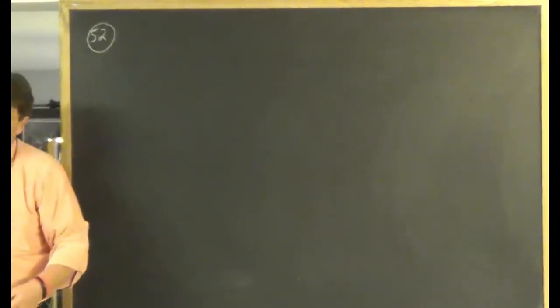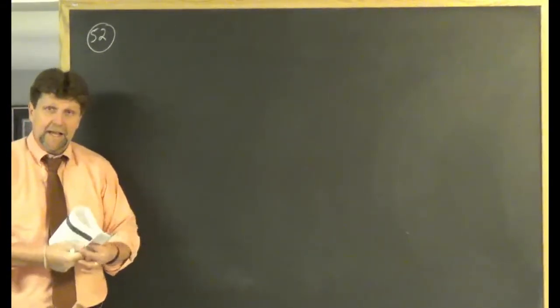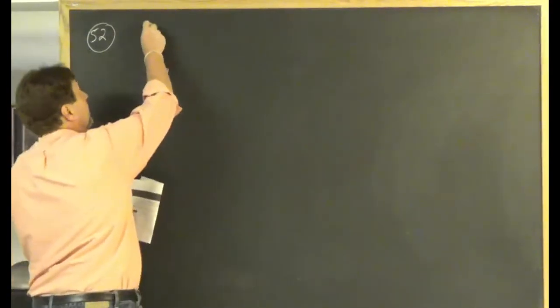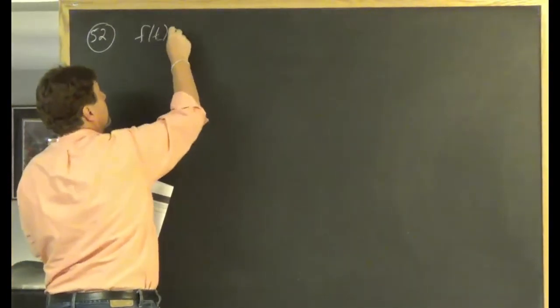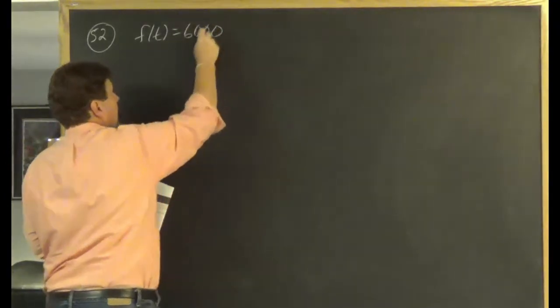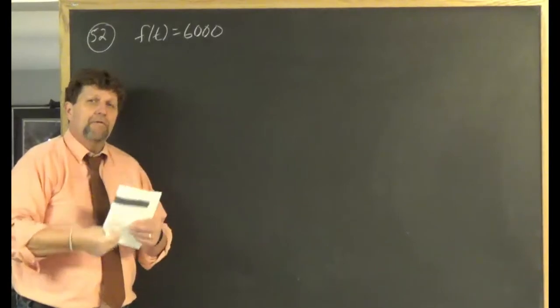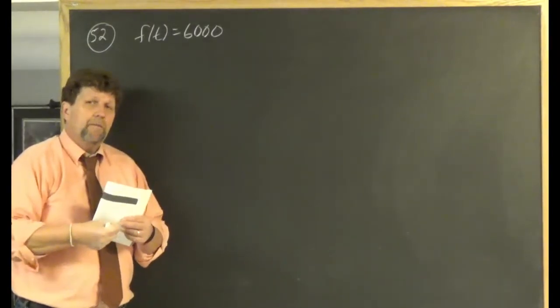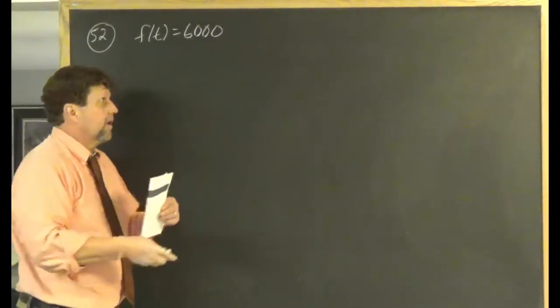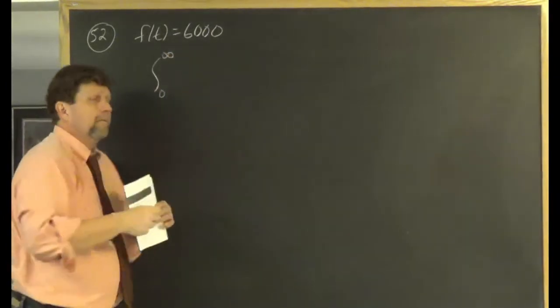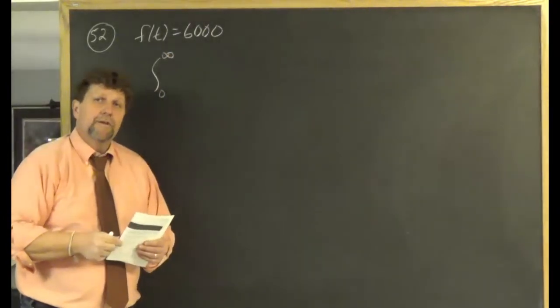All right, so this rental property that has an annual income of $6,000, that's basically telling you that f of t is 6,000. That's the rate of flow function. So capital value is nothing more than doing that present value on the interval 0 to infinity.